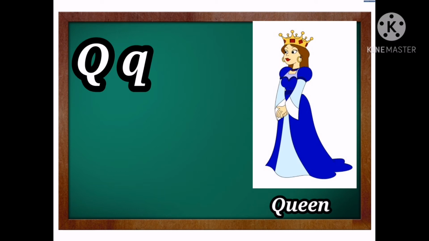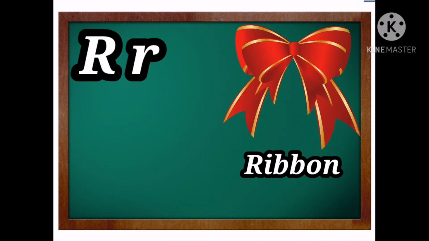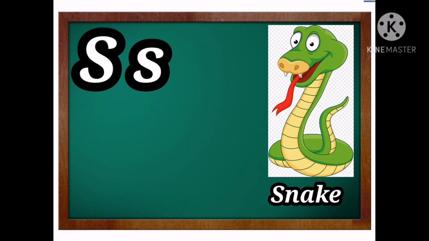Q for queen. Learners, brilliant. R for ribbon. Learners, perfect. S for snake.